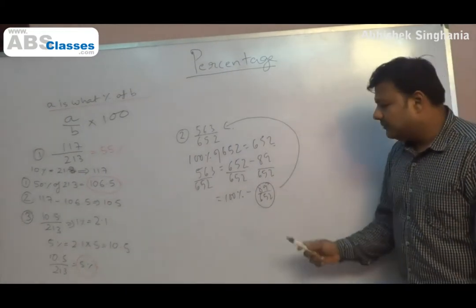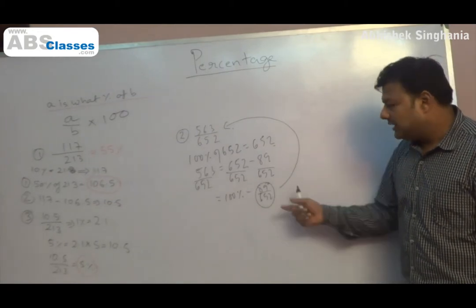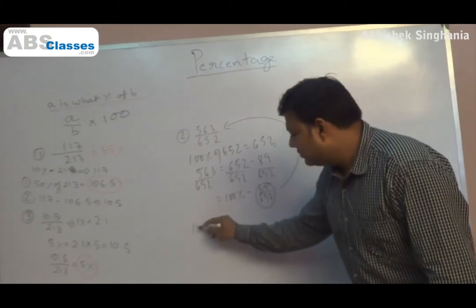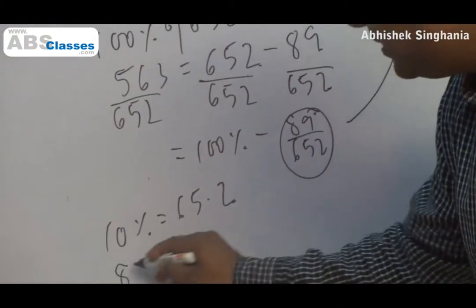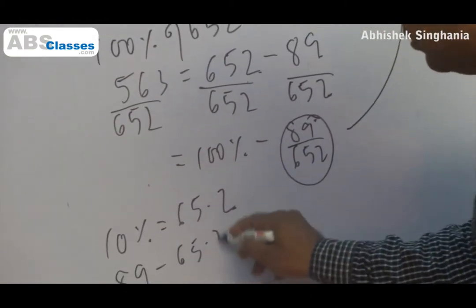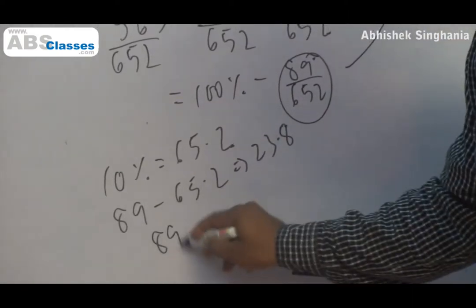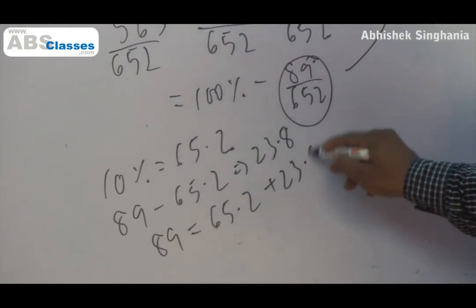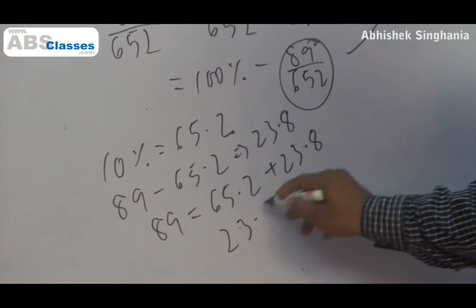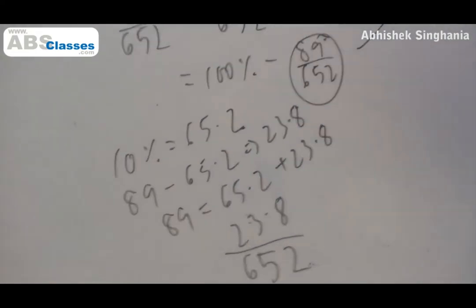Now we have come back to the kind of small numbers we have been practicing. 10% of 652 is 65.2. Next step, 89 minus 65.2 is equal to 23.8. So 89 is equal to 65.2 plus 23.8. Now let's try to find 23.8 by 652.